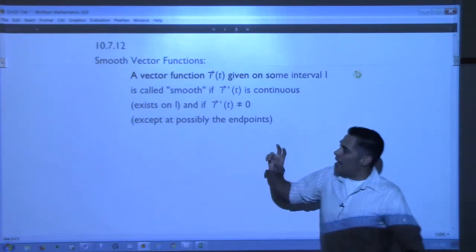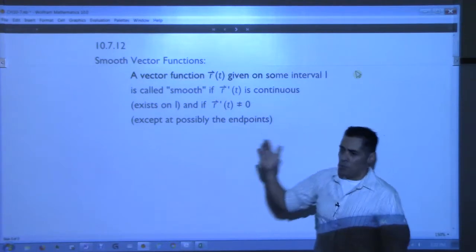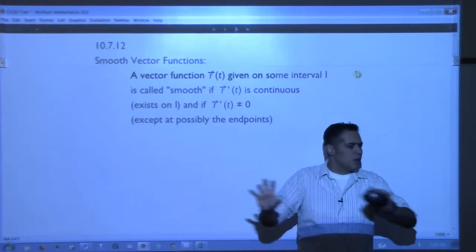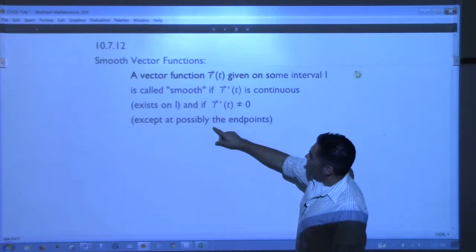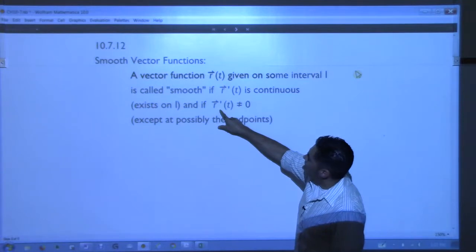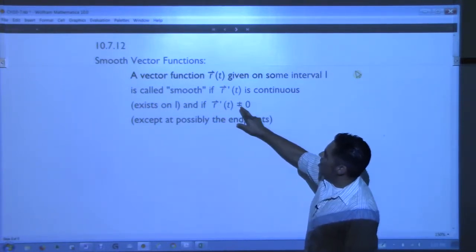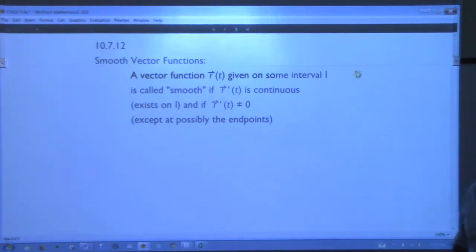Then we will say that that curve is smooth if the derivative is continuous. So when I take the derivative, everything is still very nice. There's no division by 0, no square roots of negatives. Everything's nice. And if what did I say here? And if the derivative does not equal 0, except at possibly the endpoints. Okay, so we're defining something here.